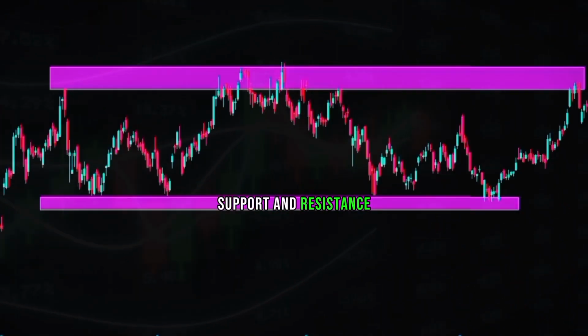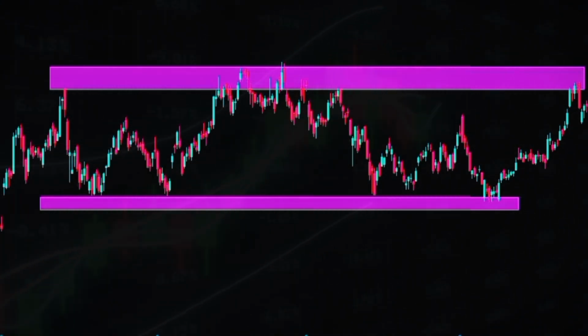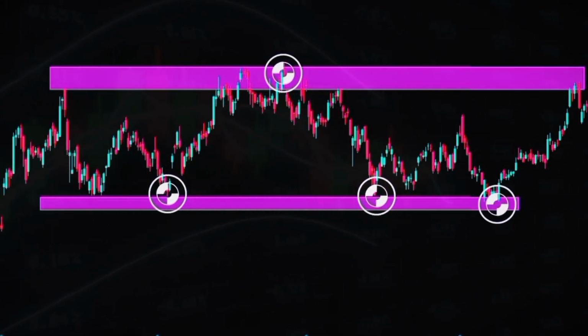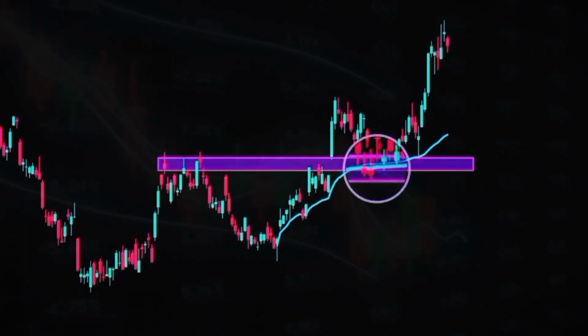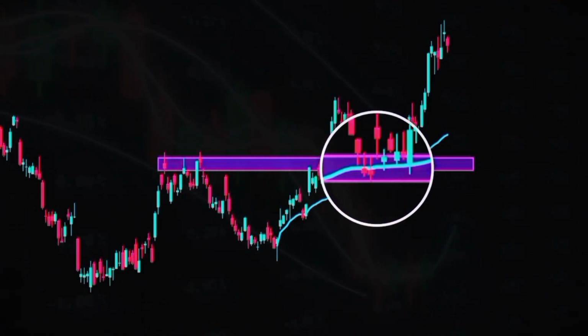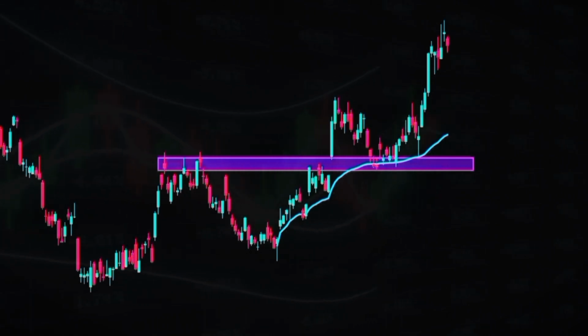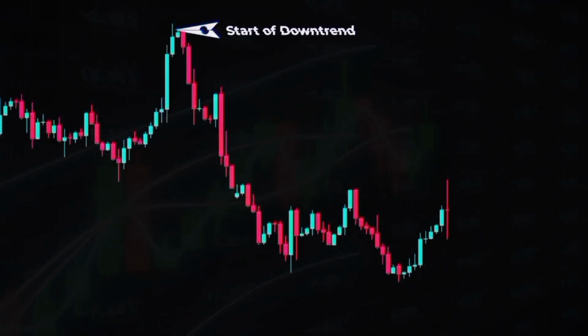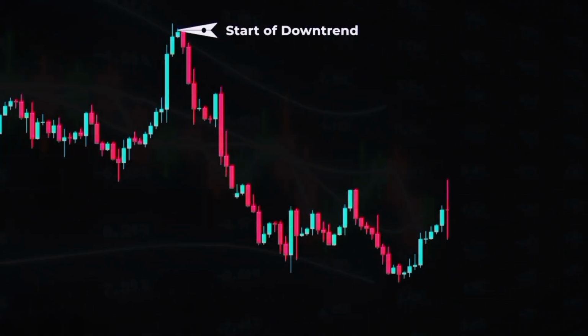Support and resistance levels are one of the foundations of technical analysis. They help us identify key areas where we might see a price reversal. So it makes sense that when the anchored VWAP falls in confluence with these key levels, it provides us with a high probability trade. Here is an example. This point started a strong down move. So we plot an anchored VWAP.